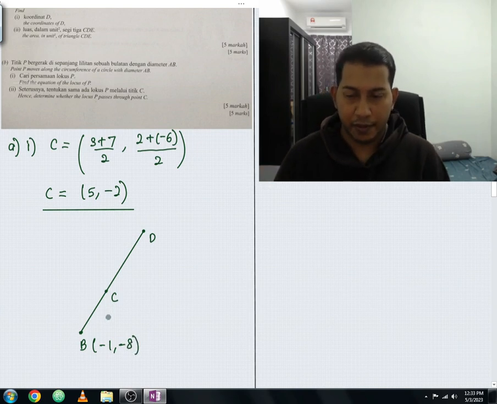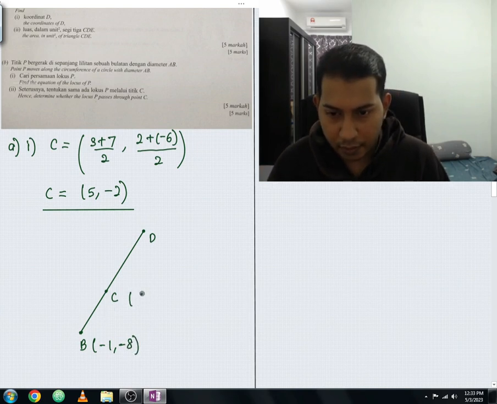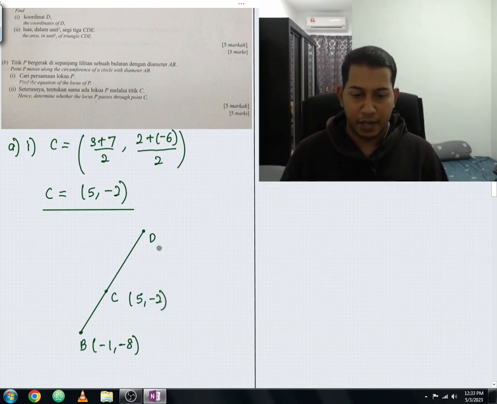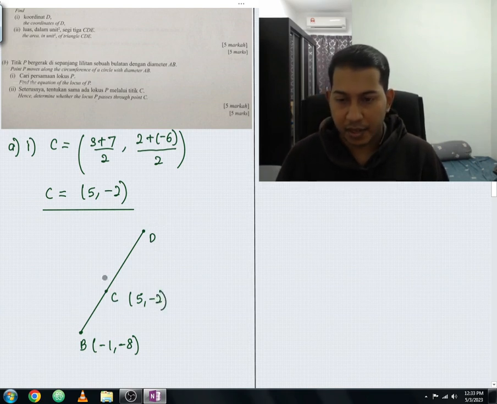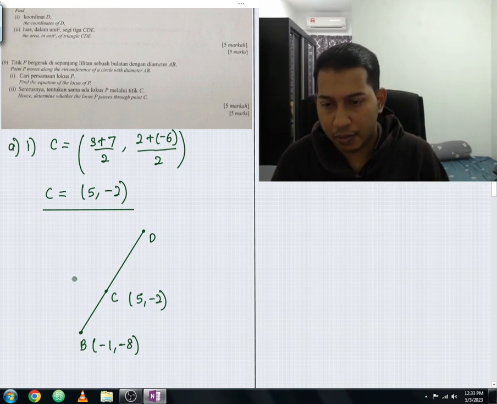C we have already found just now, which is (5, -2). D is the one that we're going to find out, and it's split in the ratio of 2:3.